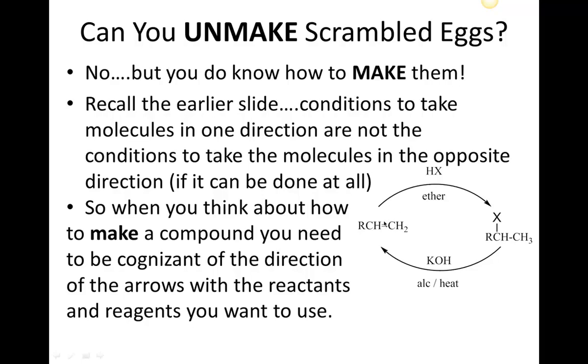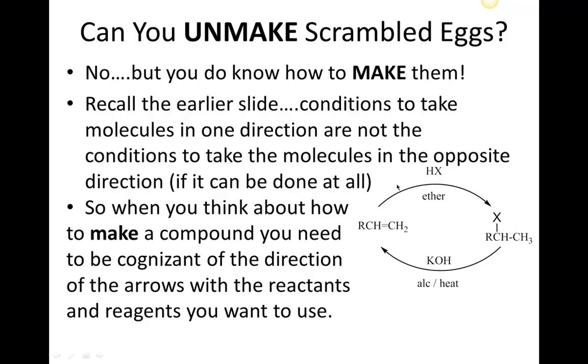When we talked about taking an alkene and adding HX to it and making an alkyl halide, that was a reaction that would go from basically left to right. But if you had an alkyl halide, you could also dehydrohalogenate that, and you could go back from right to left.